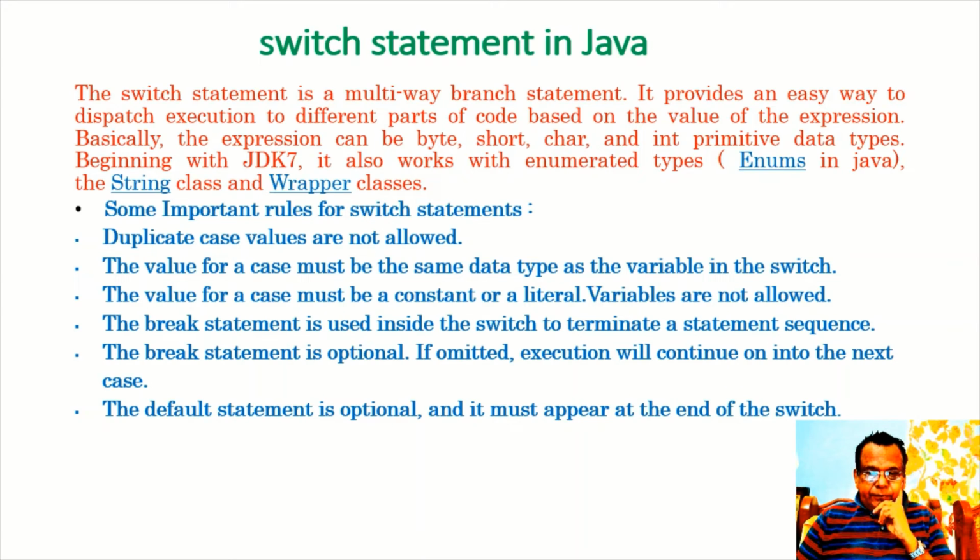Basically, the expression can be byte, short, char, and int primitive data types. Beginning with JDK 7, it also works with enumerated types (enums in Java), the String class and wrapper classes.